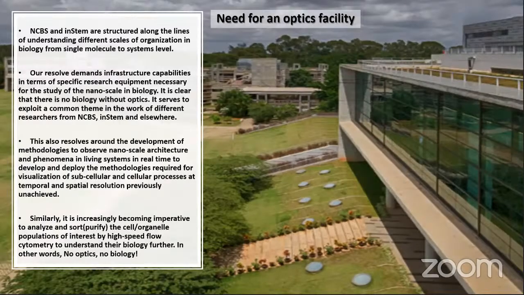Optical microscopy was supposed to be one of the best ways to look at these, apart from, of course, electron microscopy. Similarly, sorting and purification of cells, as well as analyzing cells through flow, was also started.